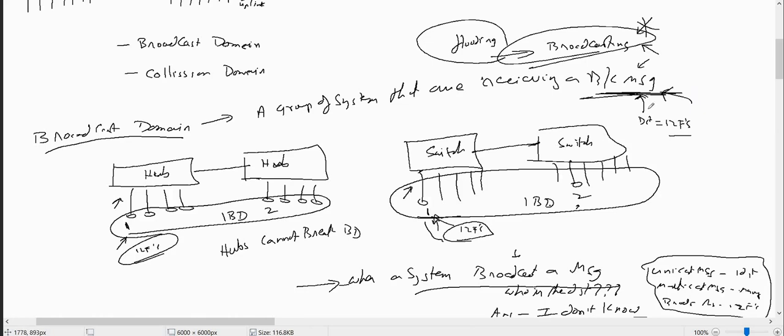Now I got it. So, whether it is a hub or a switch, first time, second time, any number of times, because the broadcast message is sent to everybody, and based on that only the broadcast domain is defined, both of them cannot break the broadcast domain. First time, second time, any number of times.